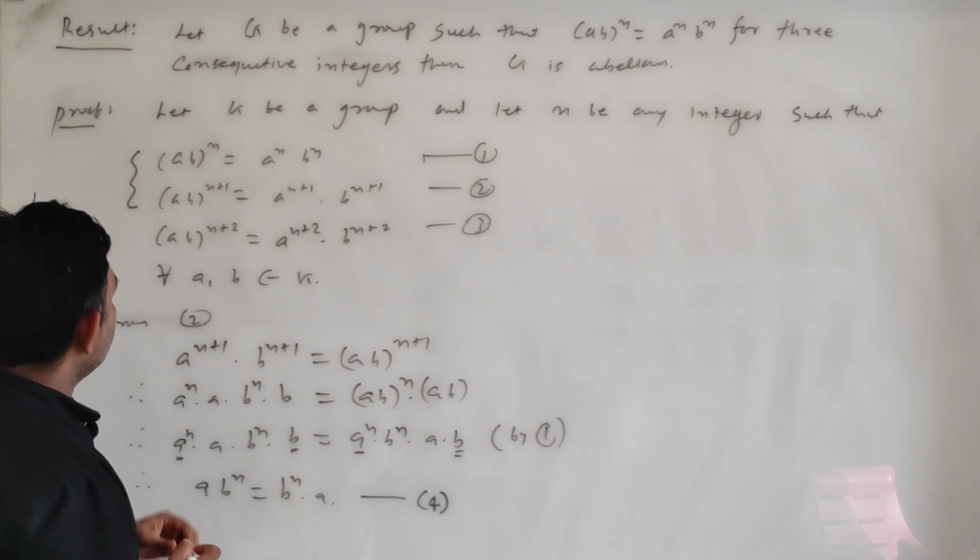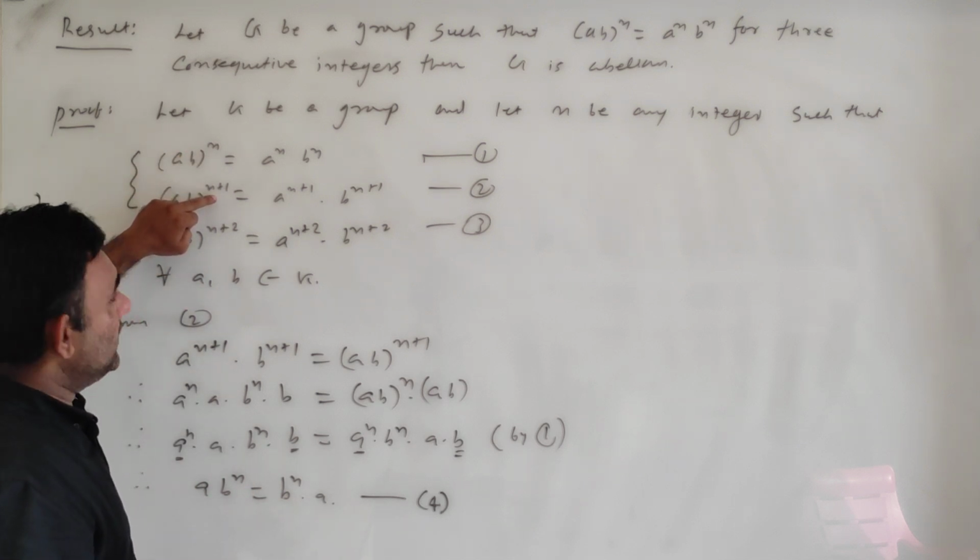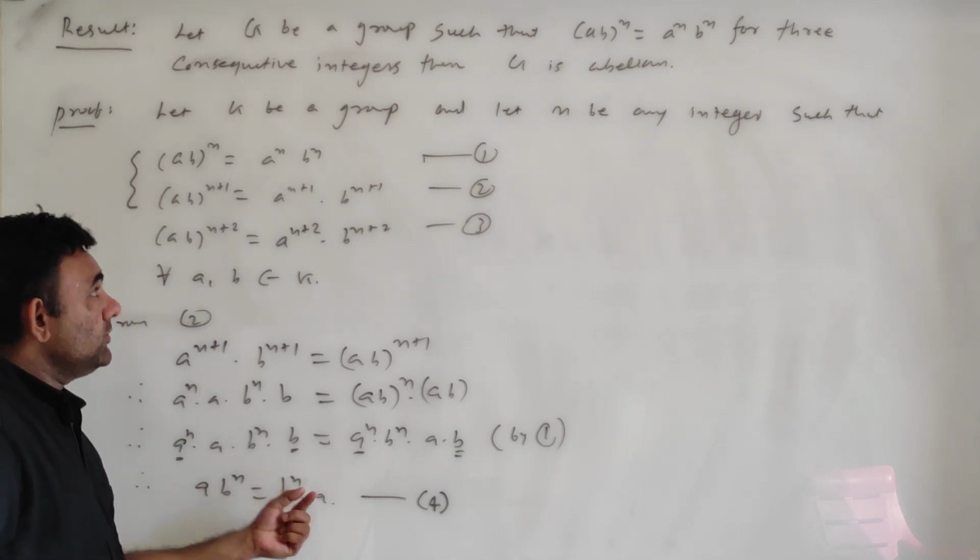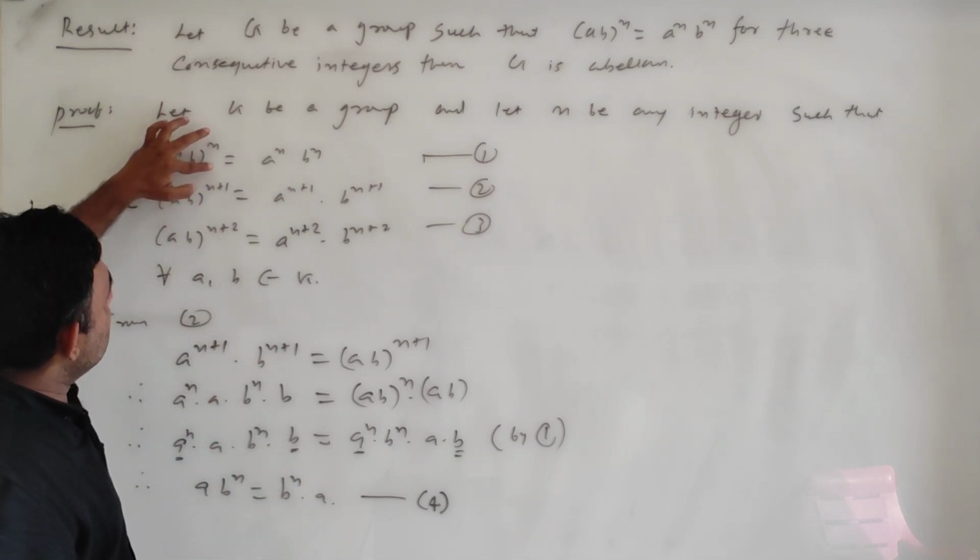You can look at it this way: here n and n plus 1, so I have the nth power, and n plus 1, the smaller one.